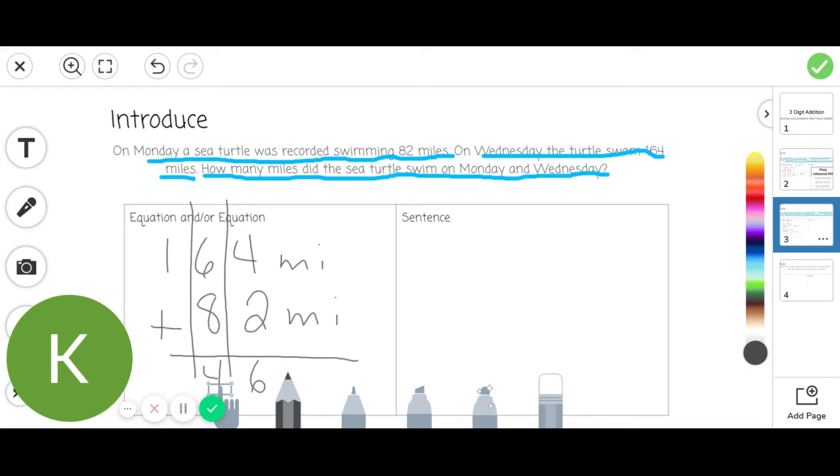And then I'm going to need to move my 1 over to the hundreds because technically I had 10 tens. Like that. 100 plus 100 is going to be 200.